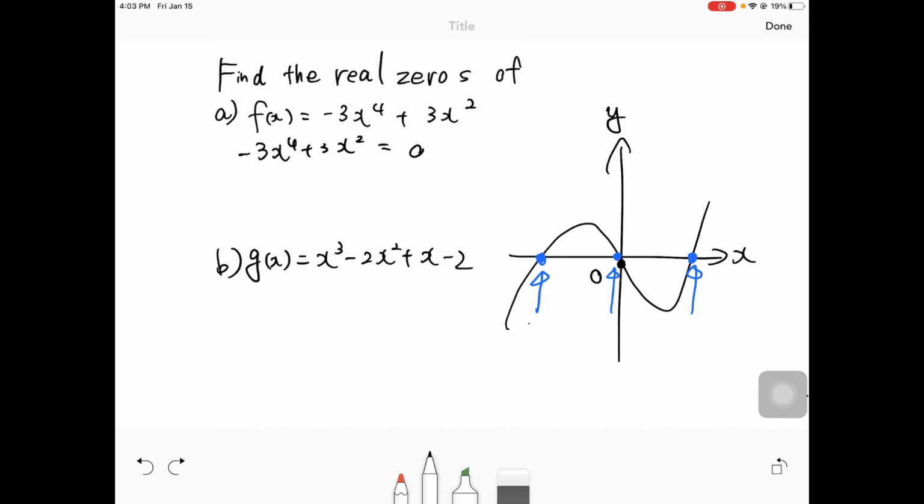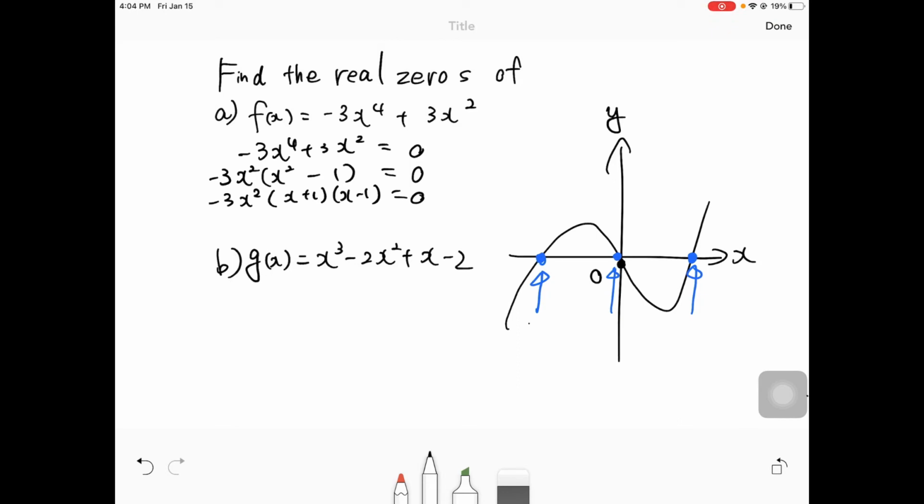What I would do is factor them first. So let me factor: x squared times x squared minus 1 equals 0. And next, x squared times x plus 1 times x minus 1 equals 0.